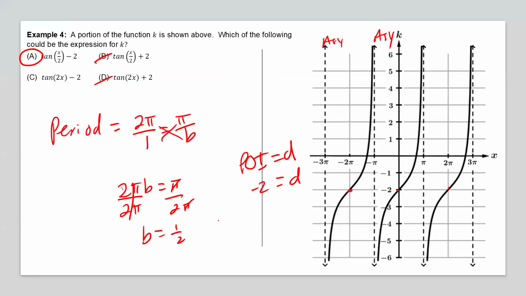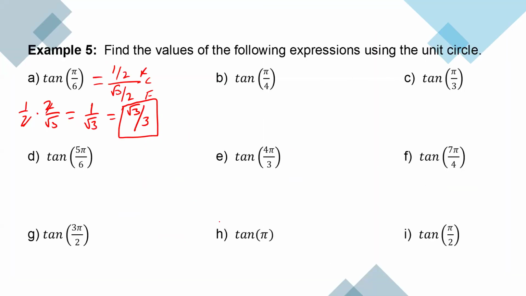Again, you're identifying tangent of theta equals your y coordinate divided by your x coordinate, right? So at each point, you're finding what's the y, what's the x, keep, change, flip. Okay, I'm going to do this one with you, and then I'm going to stop, and you're going to do the rest.